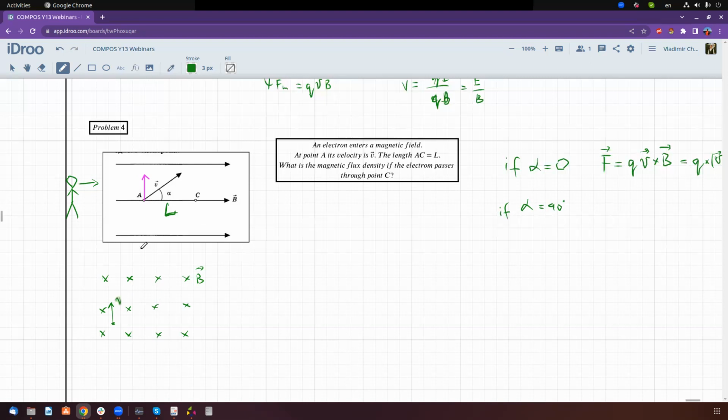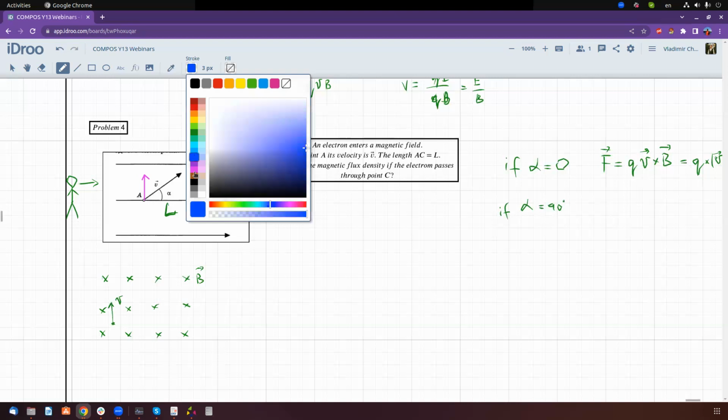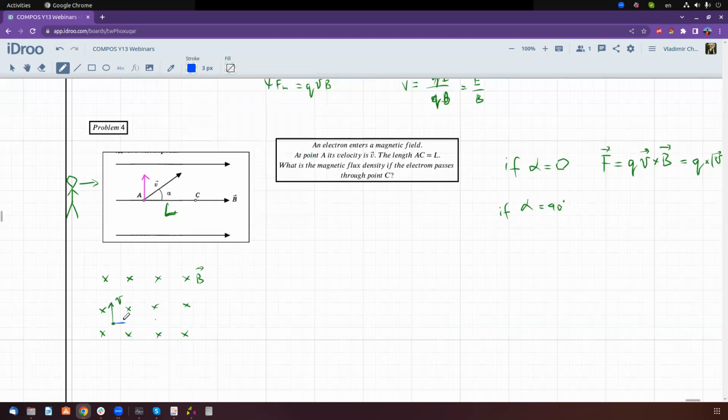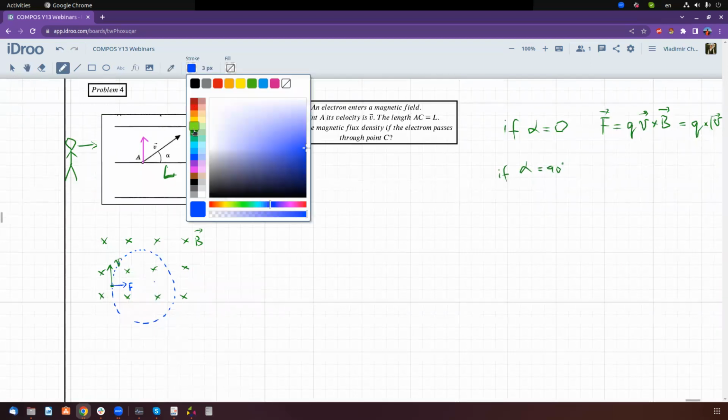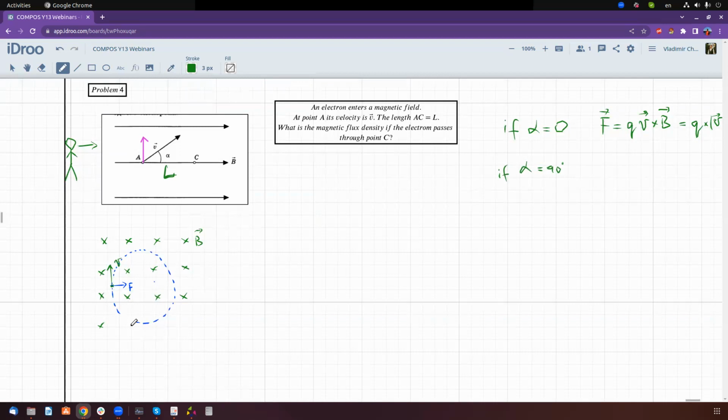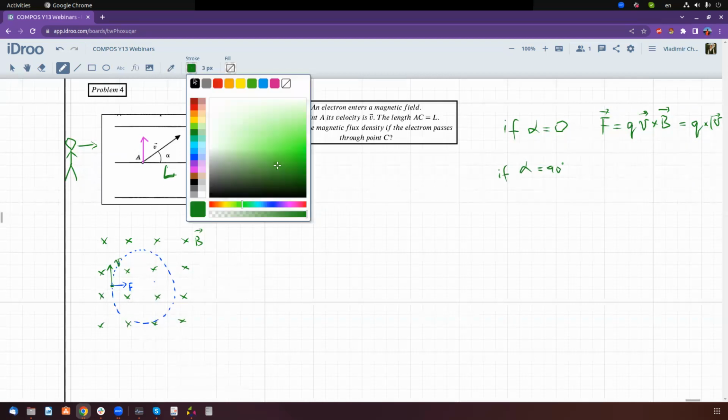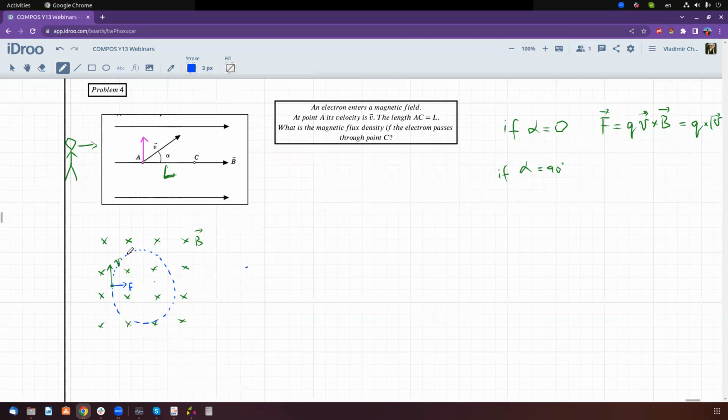So this is the velocity, and the force is to the left. Therefore, it would travel like this. The particle would make a full circle.